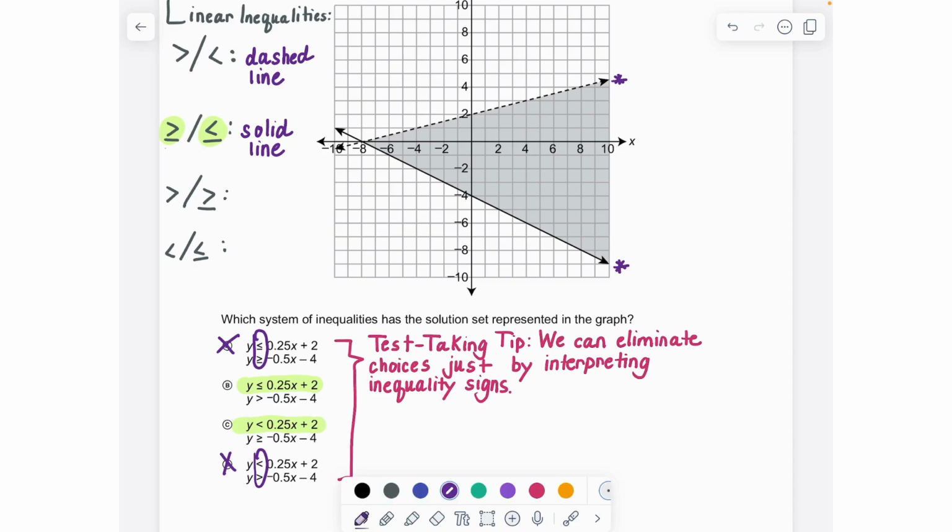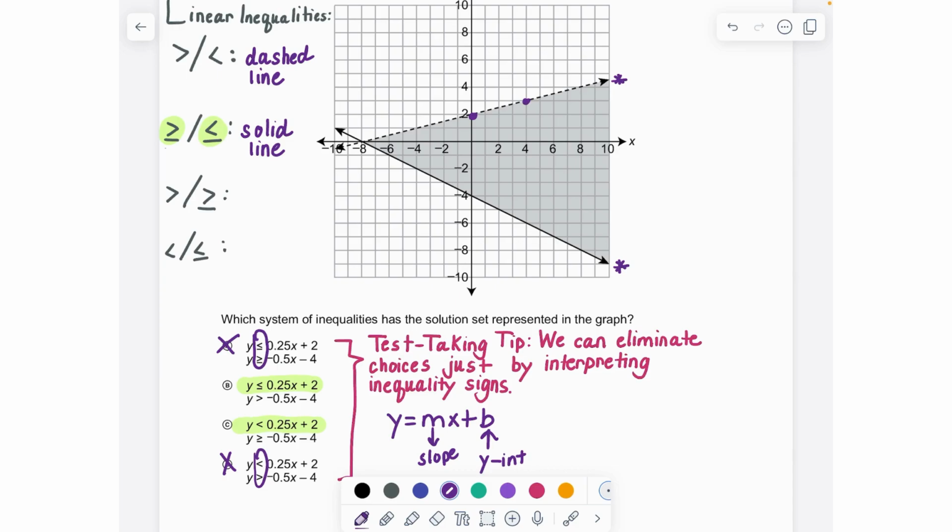So if I go to remember y equals mx plus b, we begin at our y-intercept, which is our b value. So we're beginning at 2. And then our slope tells us how we move. So we're going to move 0.25, which is up 1, right 4. So that's this dashed line.